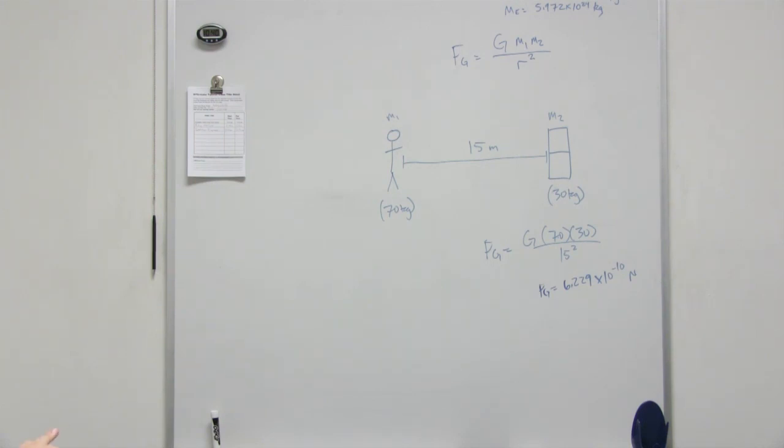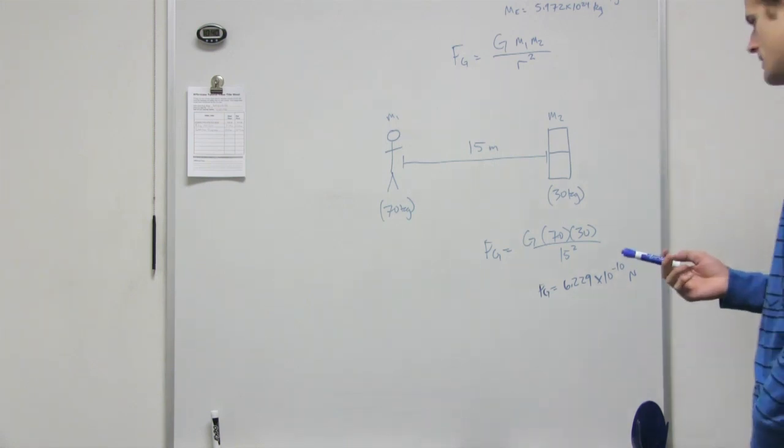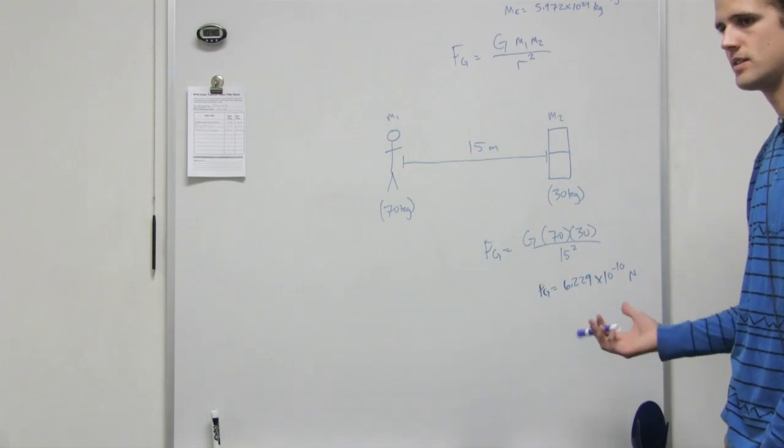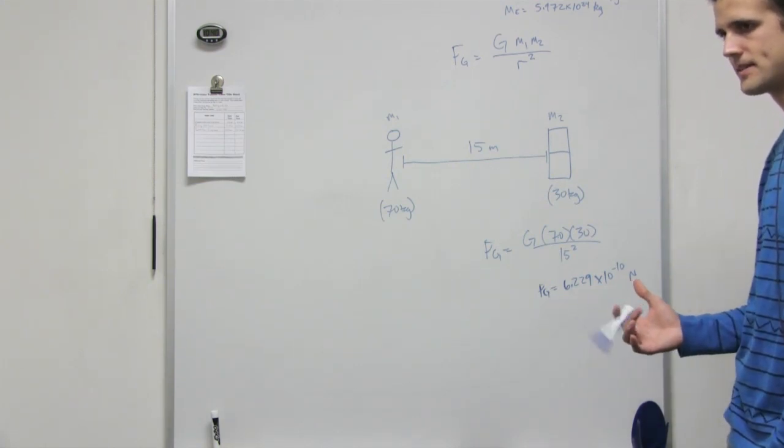So that's what Fg equals out to be, between these two. And that's so tiny that we're really not worried about it, right?